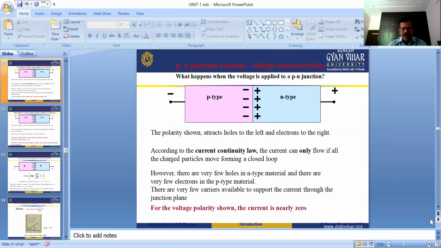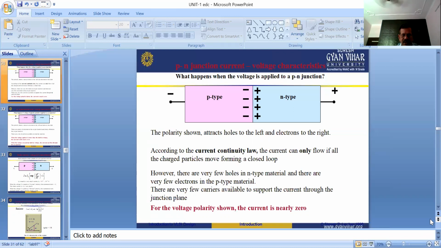According to the current continuity law, the current can only flow if all the charged particles move, forming a closed loop. This is the current continuity law for the flow of charge carriers.